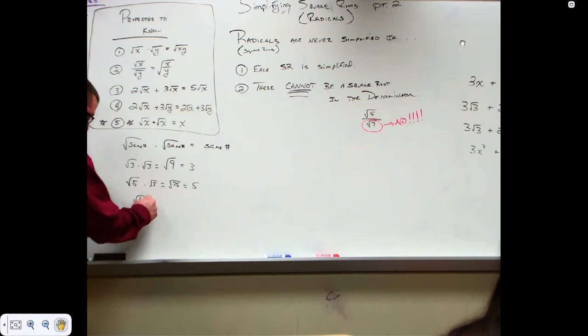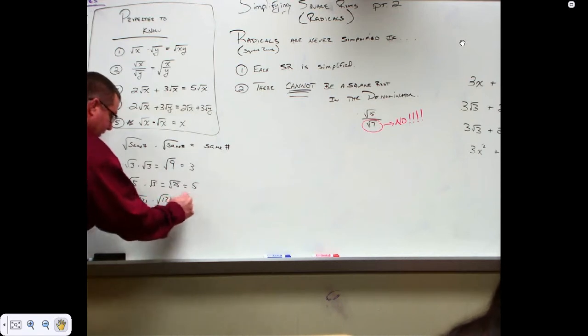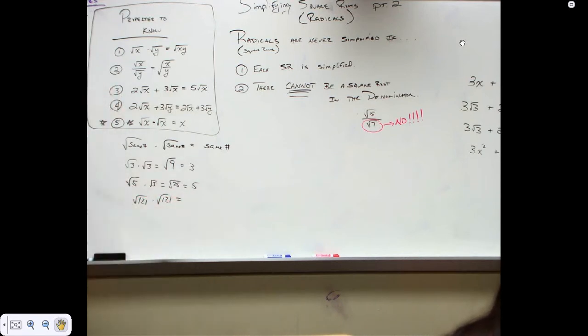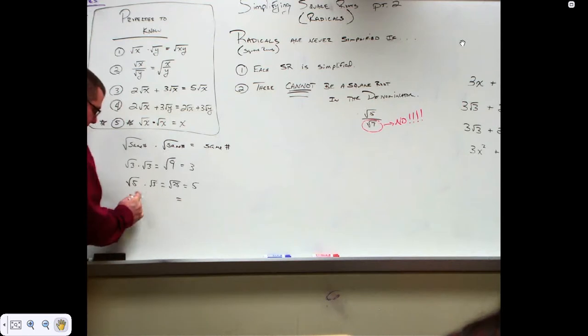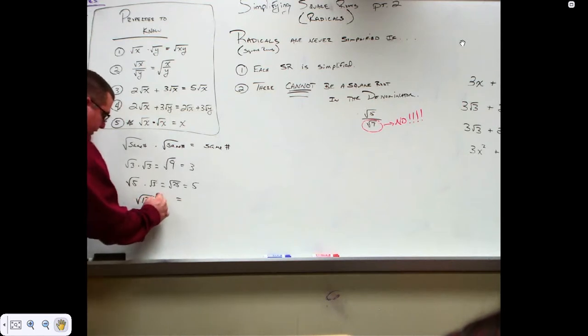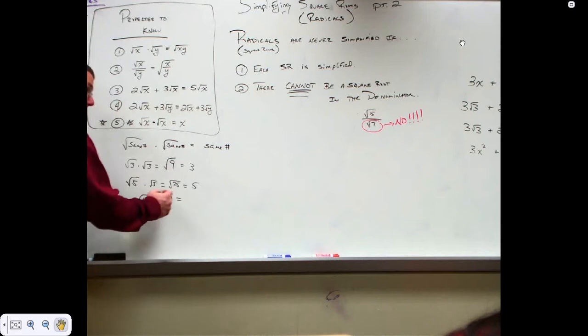Square root of 121 times square root of 121. Do we want to multiply that out, or what do you think the answer is? Can anybody tell me? Right, you're right. I don't need to take the square root because it's the square root of the same thing times the square root of the same thing.